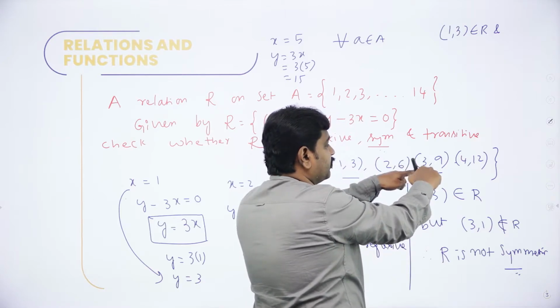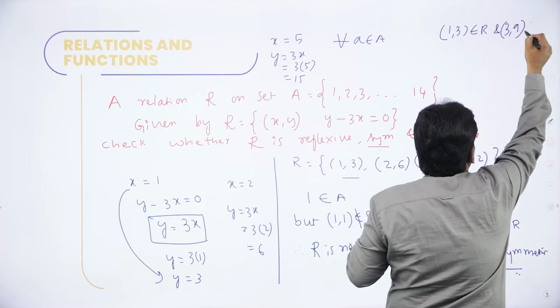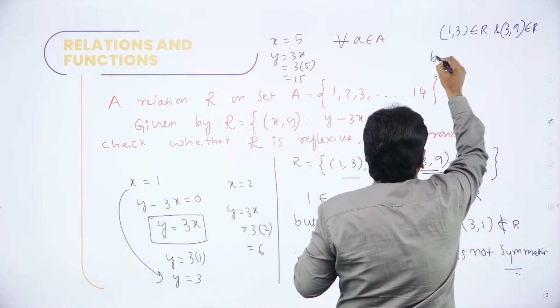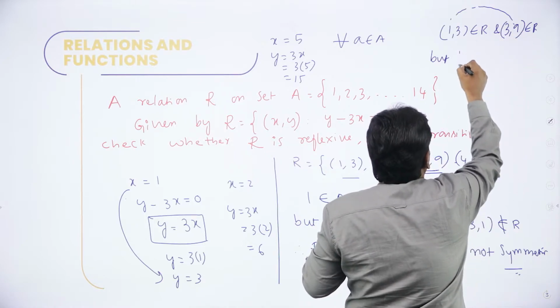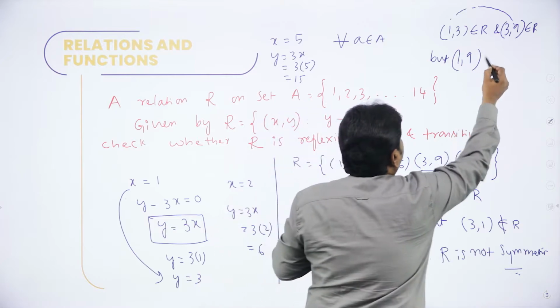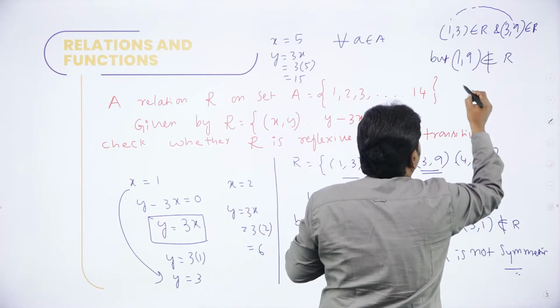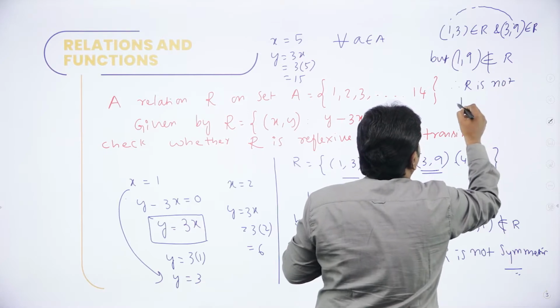What is the element starting from 3? 3 comma 9. So 3 comma 9 belongs to R. But first and last means what? 1 and 9. But 1 comma 9, observe, do we have 1 9? 1 comma 9 does not belong to R. Therefore, R is not transitive.